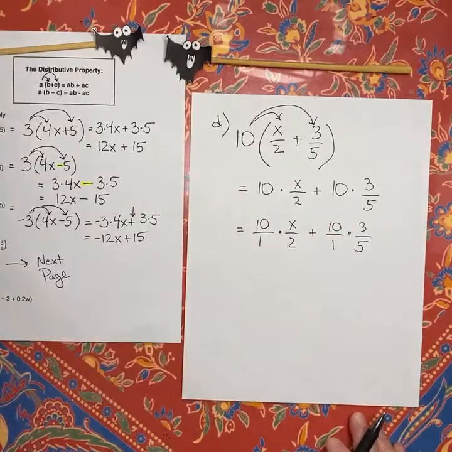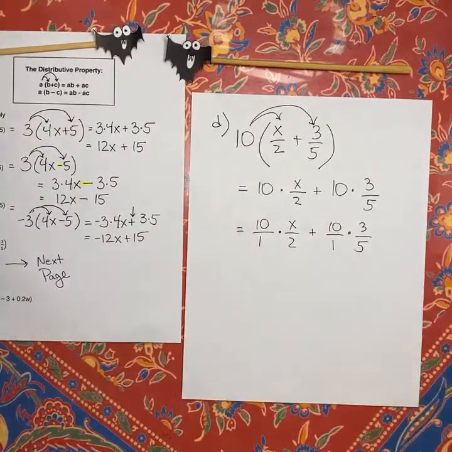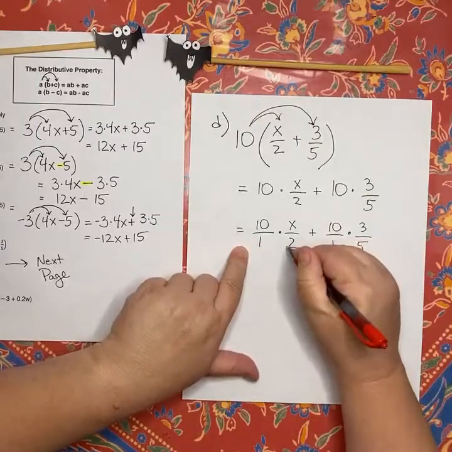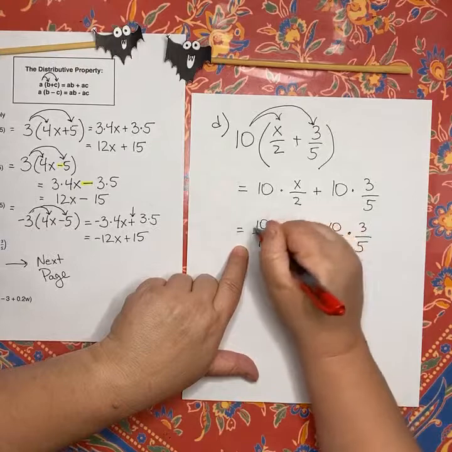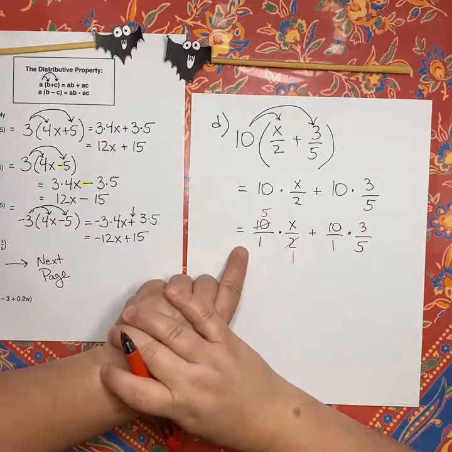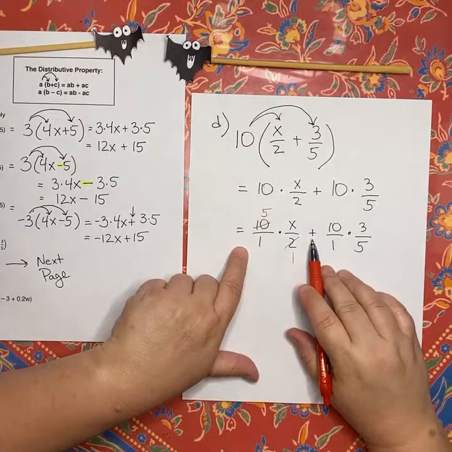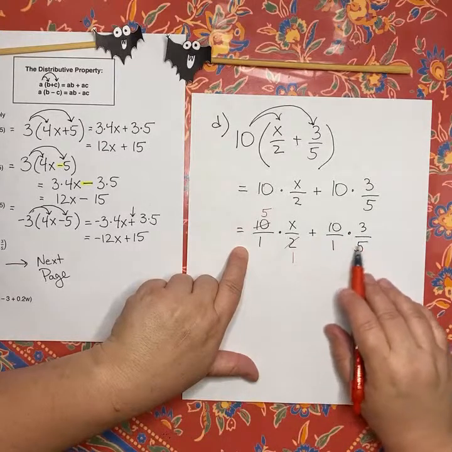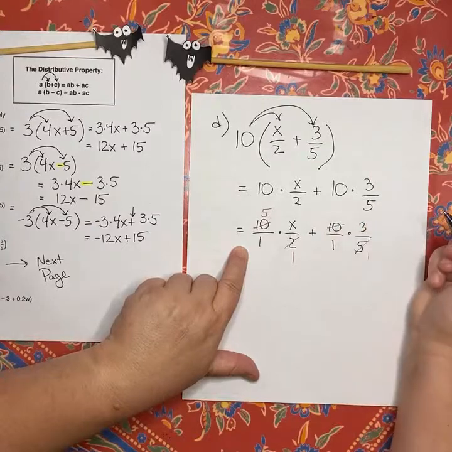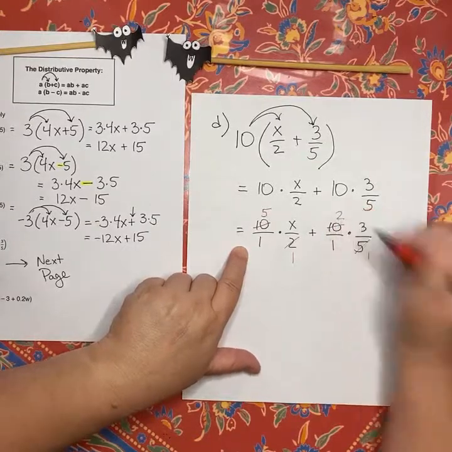Okay, now I need my red pen because I've got multiplication. Look at that multiplication. I can reduce. The 2 reduces with the 10 and I get 5. And then I'll show you something cool. Since there's a plus in the middle, we can actually do this one at the same time. The 5 cancels with the 10 and gets what? You got it, 2.